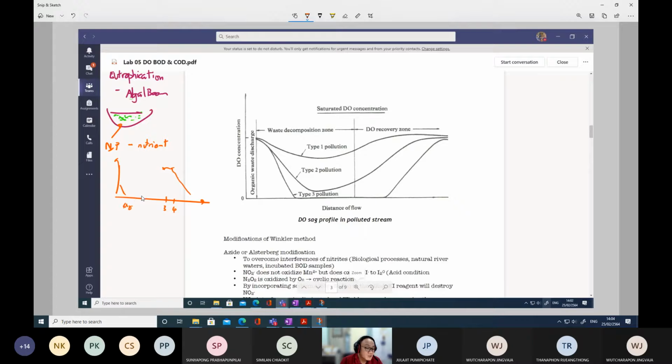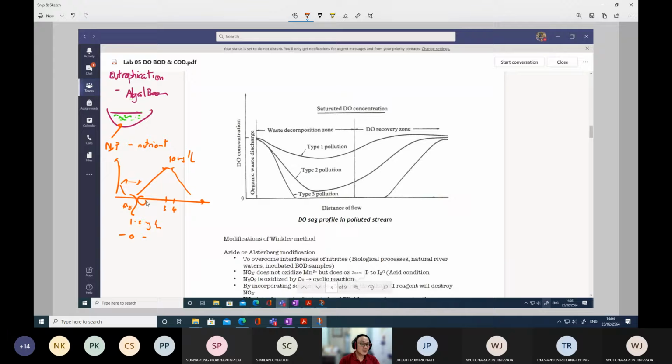They have to move up to the surface and spend their life near the water surface. So this is the critical time. During the daytime it may go beyond 10 milligrams per liter, but during the night it may be only 1 to 2 milligrams per liter, or sometimes even zero.